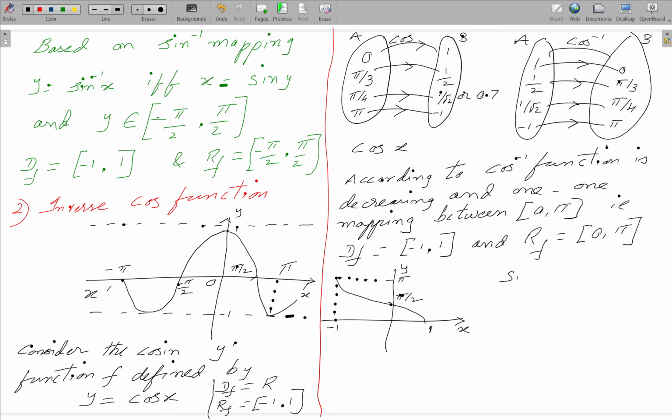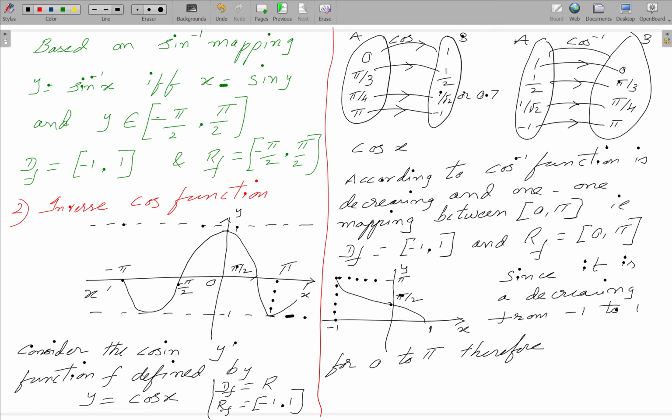Therefore, since it is decreasing from -1 to 1 for 0 to pi, therefore cos inverse exists.